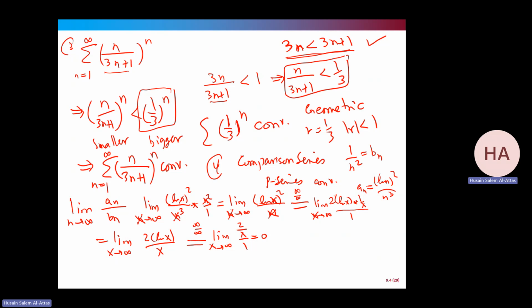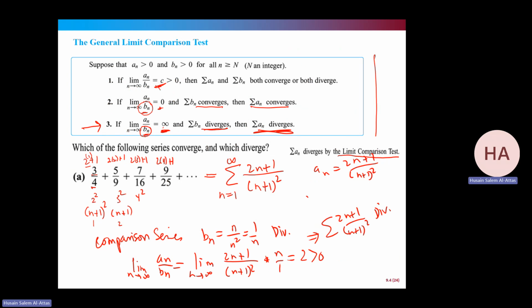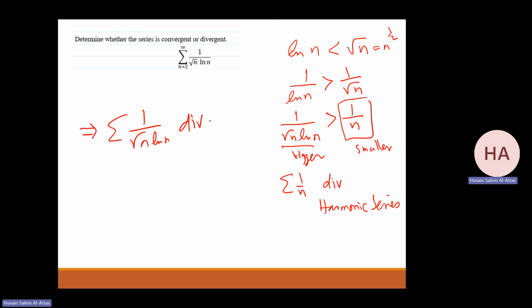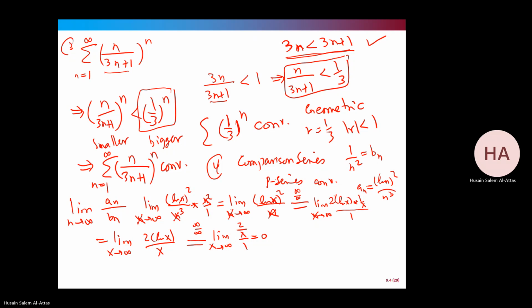And I know now I can use this. Now the limit is 0. They know this one converges, so for sure the numerator will converge. The limit is 0, and the summation of bn converges. That means the summation of an will converge.